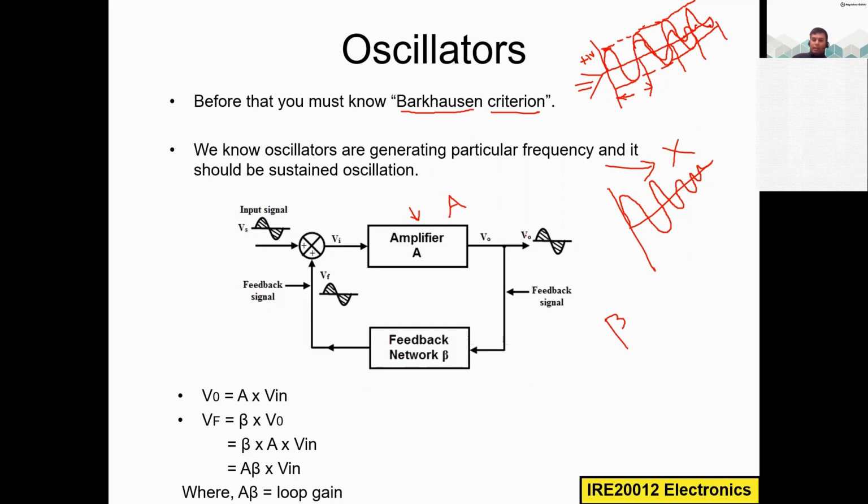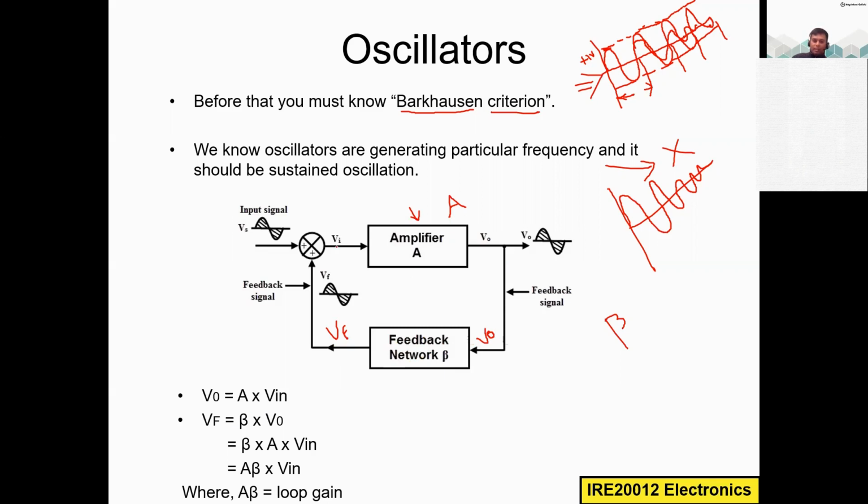Now what is the output of the feedback network? That is VF. We give VO as input to the feedback network, and whatever the gain multiplied by the input, that is the output.